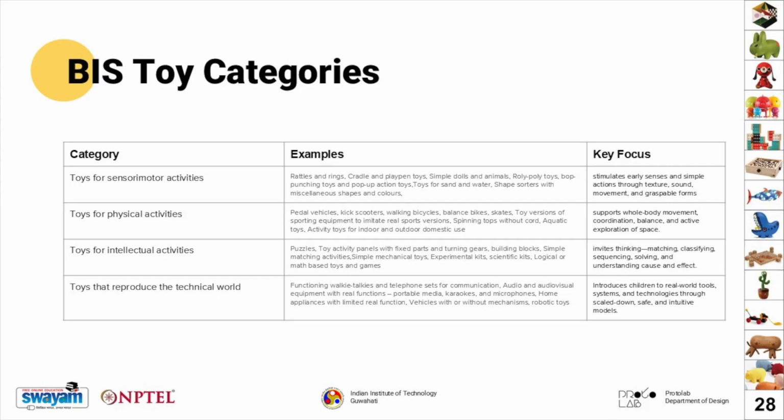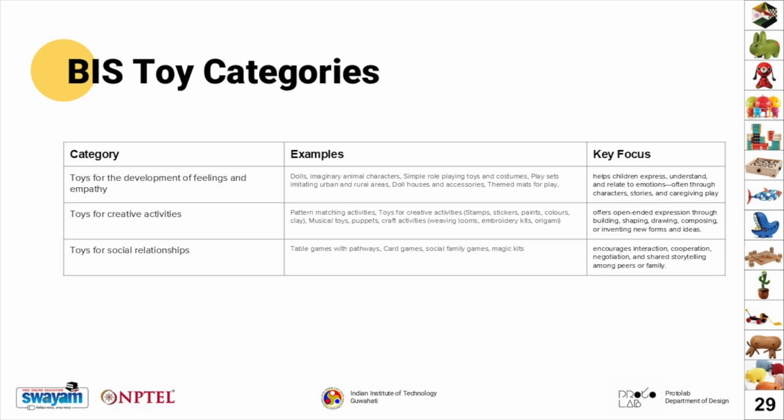The BIS categories include toys for sensory motor activities, toys for physical activities, toys for intellectual activities, toys that reproduce the technical world, toys for the development of feelings and empathy, toys for creative activities, toys for social relationships.